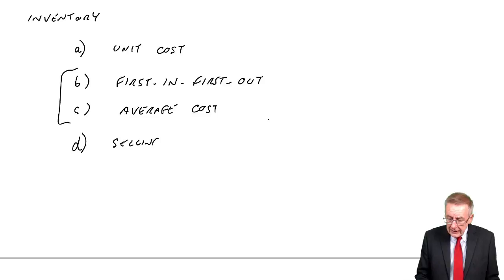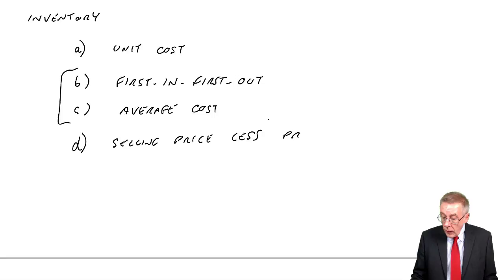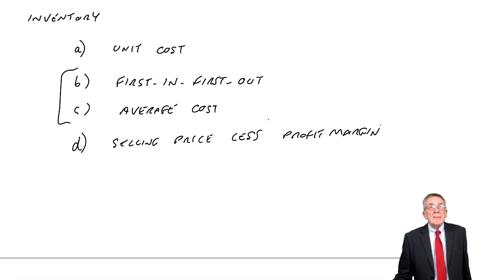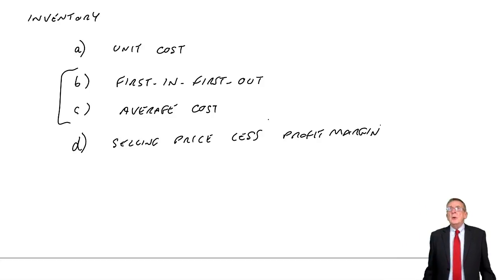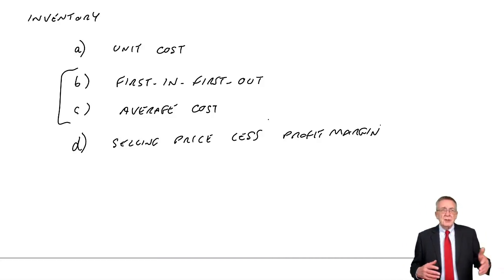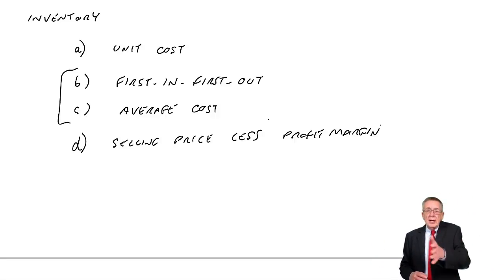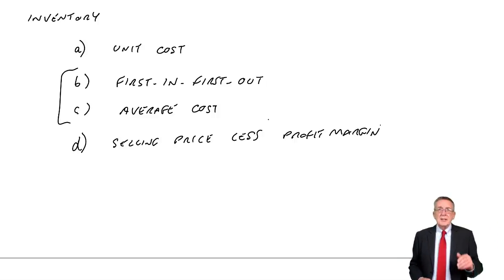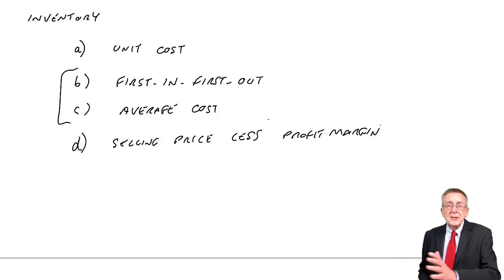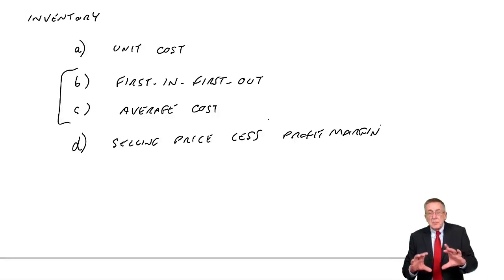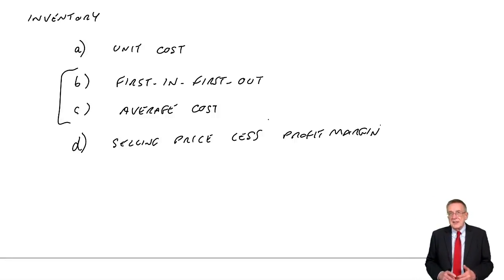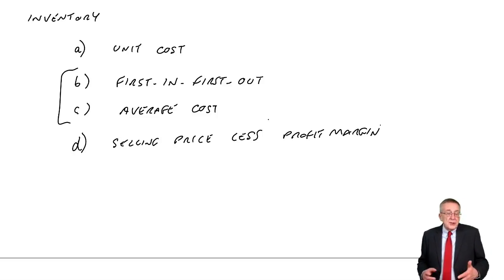Selling price less estimated profit margin. Now, you won't be asked workings on this. I'll tell you what it means. If you're a lady and went to a big store to buy a dress, the dresses all have a price on them. This dress may be $100. This dress may cost $80, and so on. So they've all got a price on them, but of course they're the selling prices. And what the store needs when they're valuing the inventory is the cost.